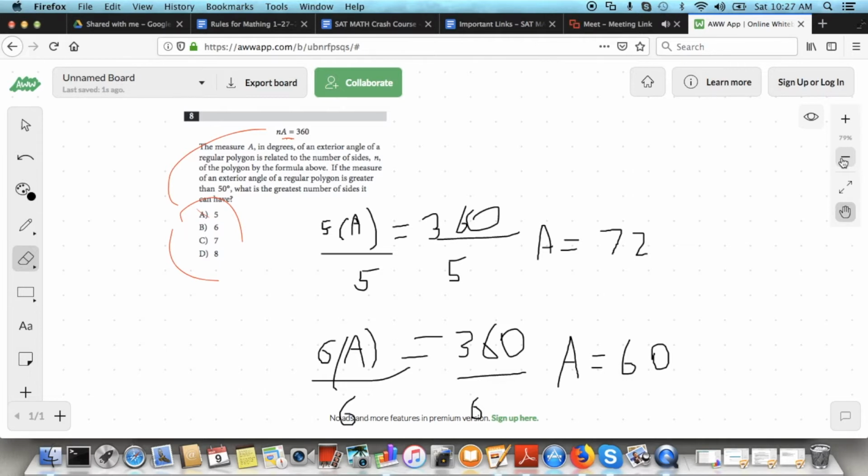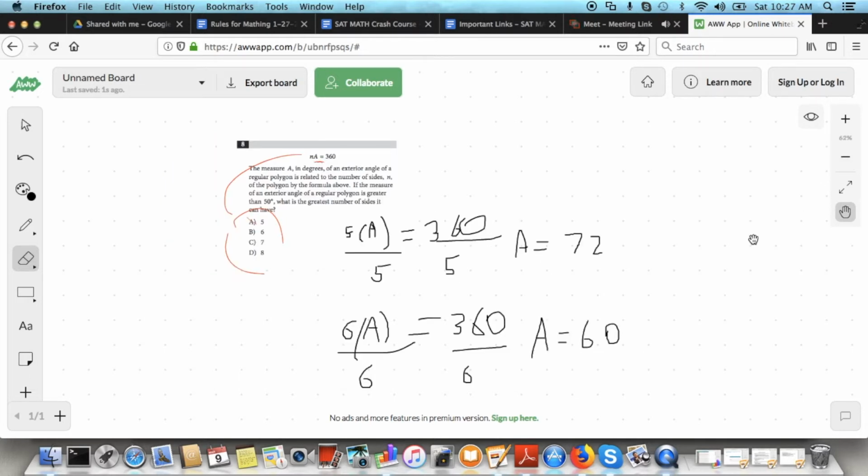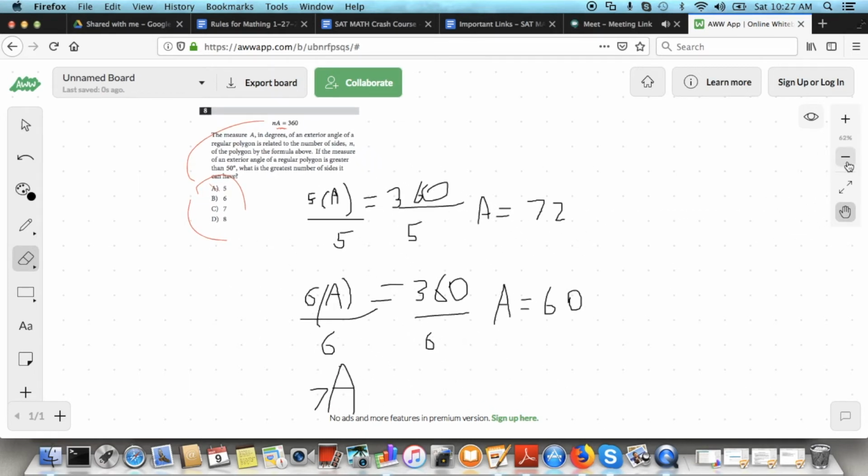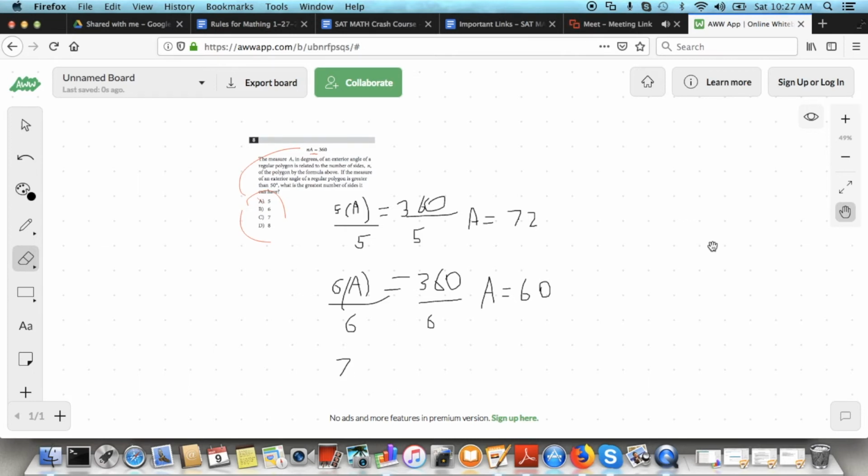Let's plug in C. Bigger than 50. All right, bigger than 50.